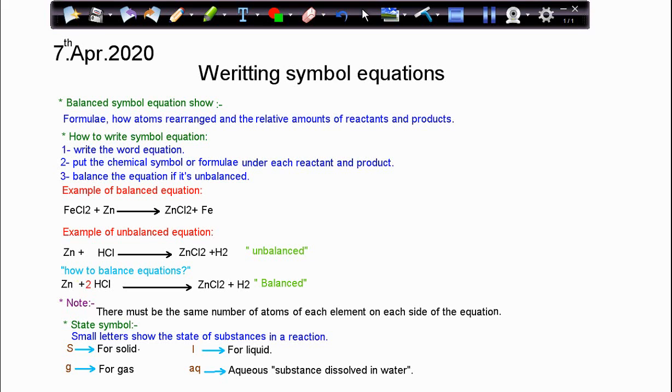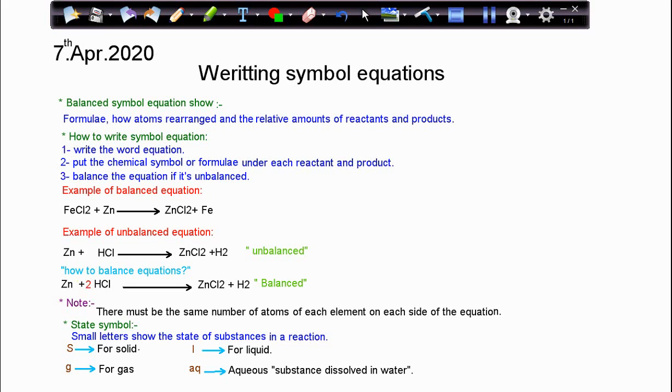So, a balanced simple equation shows, what does it show us? It shows the formula, how atoms are rearranged, and the relative amounts of reactants and products.